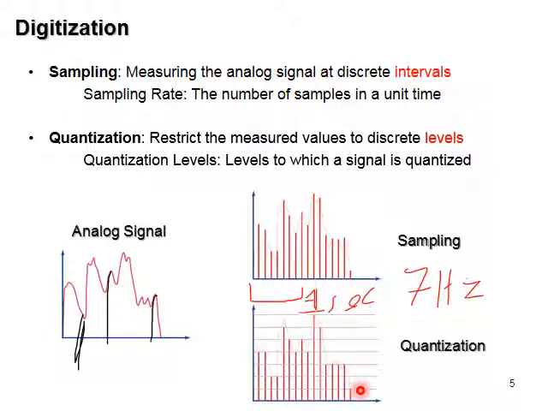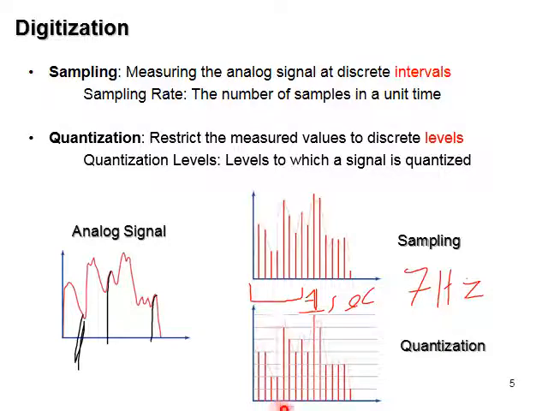However, what are you losing by doing this? Again, you're losing storage. Why? Because if you have 8 quantization levels, how many bits do you need to represent them? You probably know this already. In order to represent 8 different values, you need 3 bits.